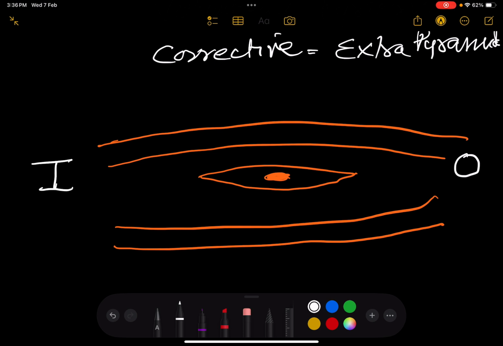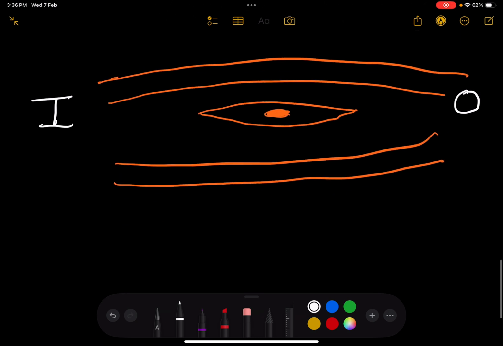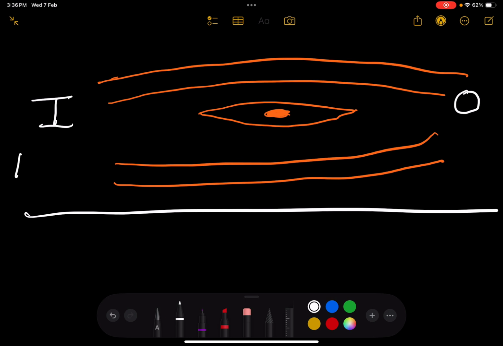Now, as the origin and insertion come closer, the muscle is contracting. And basically, this origin and insertion is both on the flexor side of the joint and on the extensor side of the joint. So this is on both the sides.